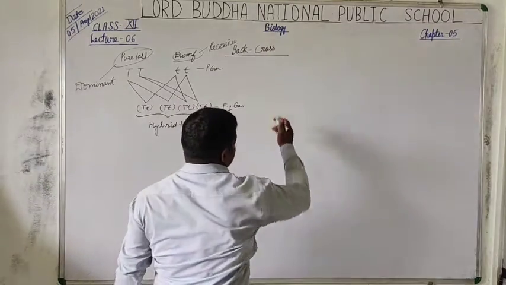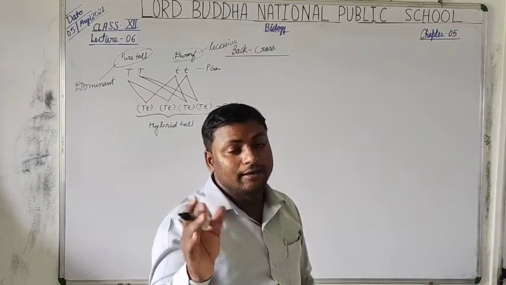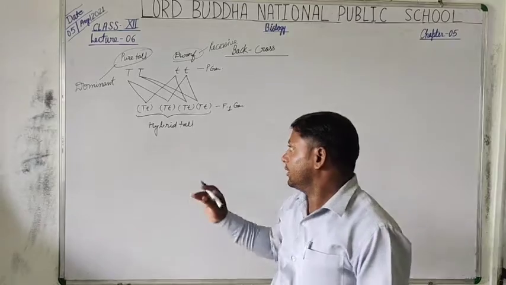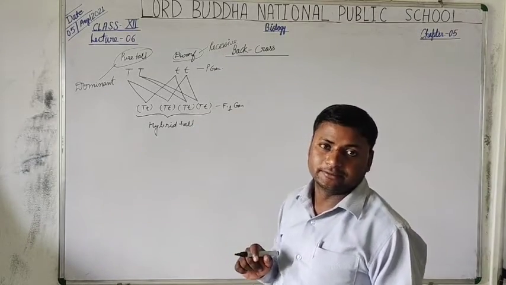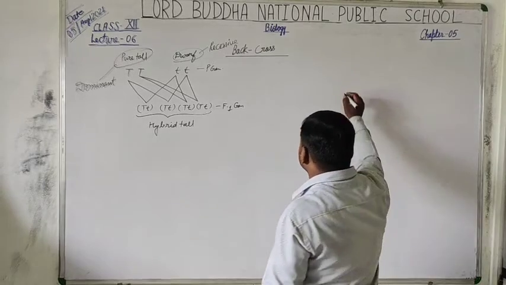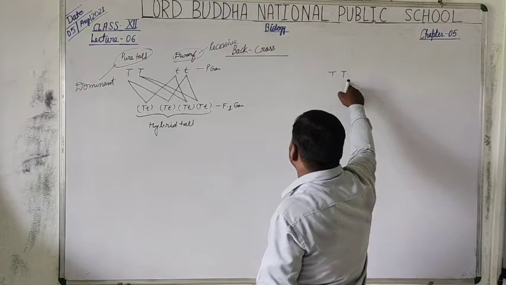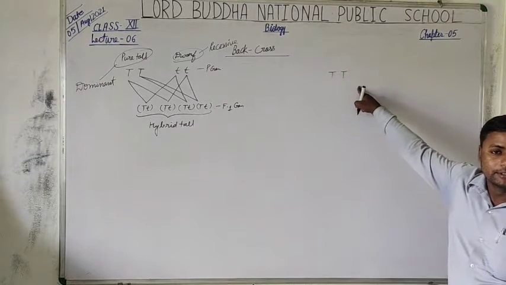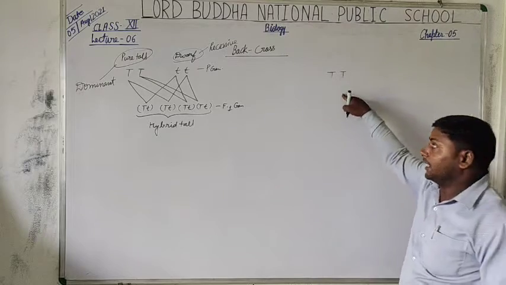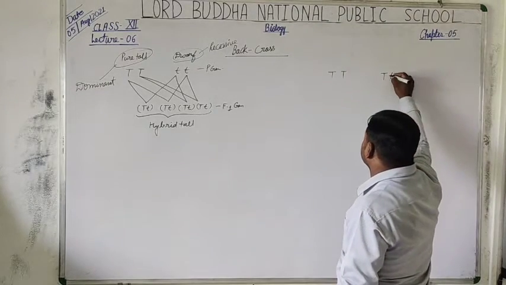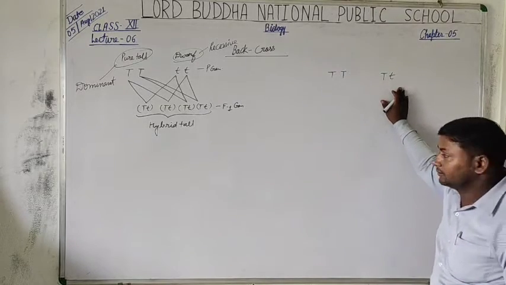Now students, in back cross, the cross is made between the parental generation and the individuals obtained in the F1 generation. Is that clear? So in back cross we can take an individual from the parent plant and another from the F1 generation.